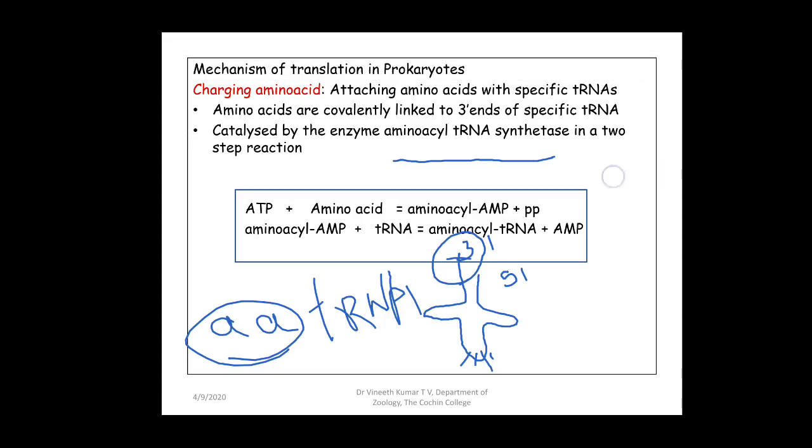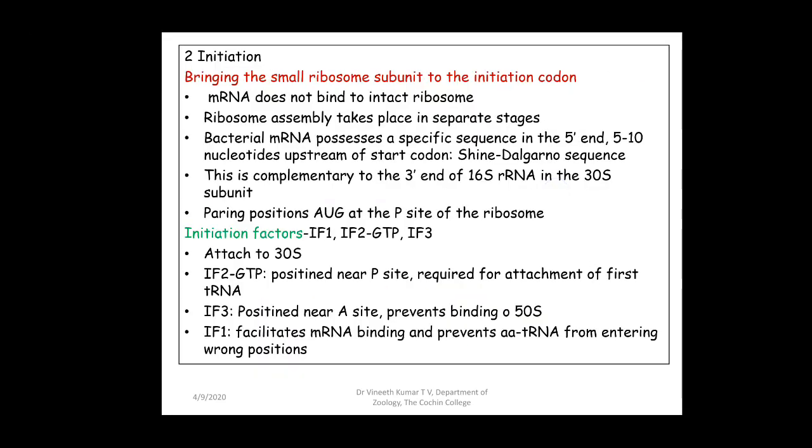Coming to the second step, we have four subdivisions, which is initiation. In initiation, an initiation complex will be formed, and as we said earlier, the ribosomal assembly should occur because the larger and smaller subunits are separate. These are the events to be carried out during initiation.